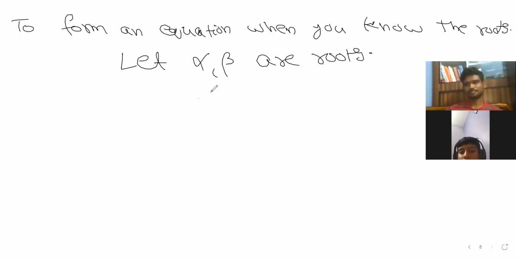So I'll go in reverse order. Now directly we'll go to the formula: how to write the equation when you know the roots. They gave it over here. When they give the roots, you can form the equation simply as x square minus sum of roots into x plus product of roots. Yes, tell me if you have any doubt.